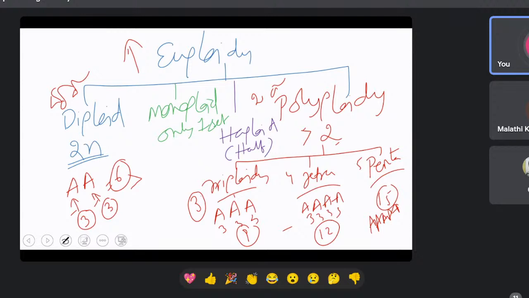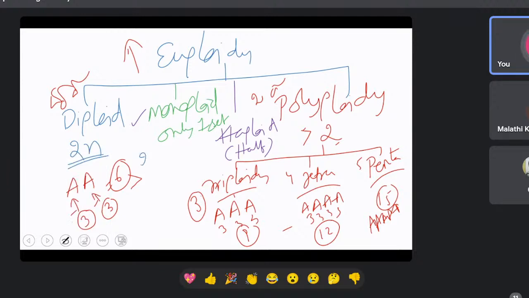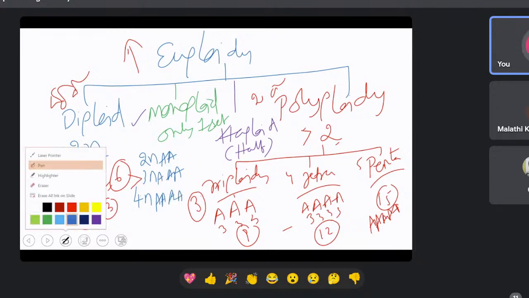Then what is the difference between monoploidy and haploidy? Haploidy doesn't mean single set, but monoploidy means only one set. How we distinguish? For example, there is a diploid individual with two sets, A. There is a triploid individual with three sets, A. There is a tetraploid individual with four sets, A, and so on.